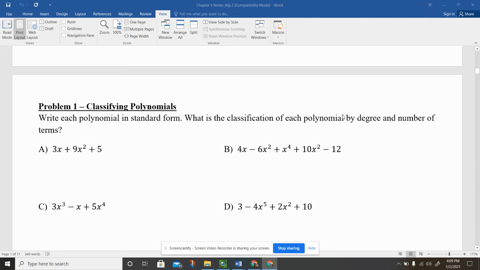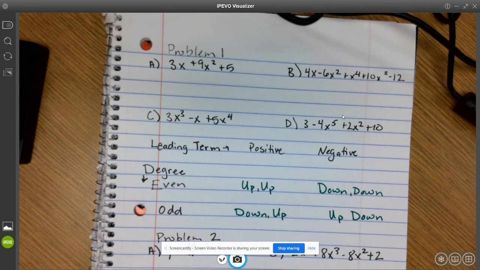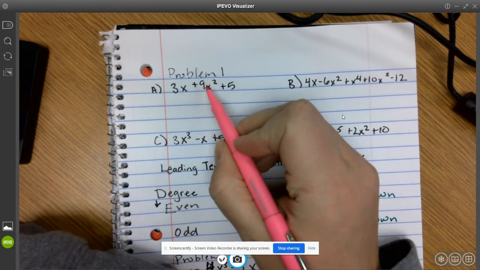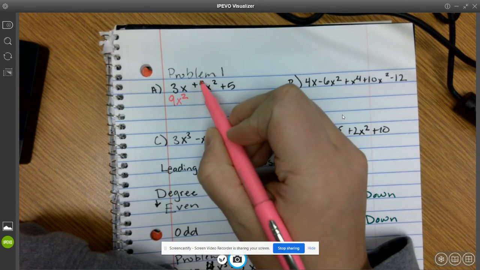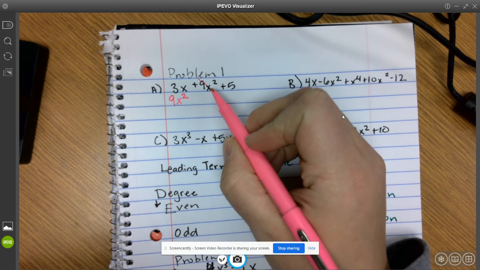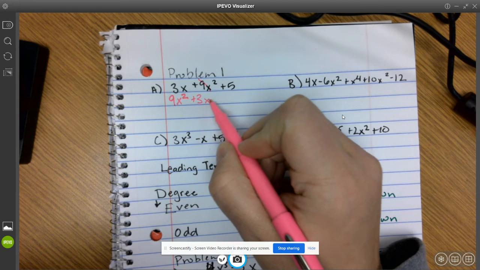So for this first one, first, you have to write it in standard form. When you're writing in standard form, you want your highest degree first. This is my highest degree, so I'm going to write that first. I already wrote that down. If there were for some reason 2 that had x squared, I would have to combine like terms. Then I can write my x and then my number.